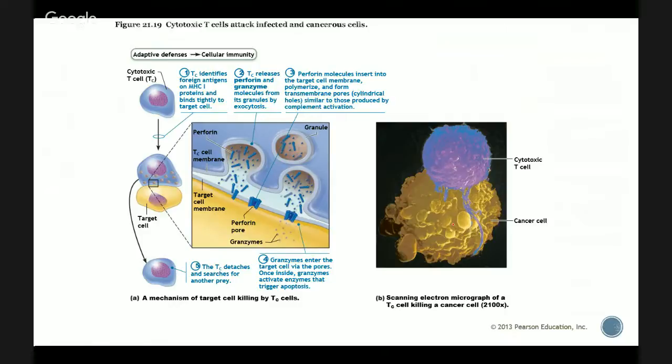And then what happens is it's going to release granzyme, which is a digestive enzyme. And then that granzyme is going to go through those little holes that it created. And so it's going to enter the infected cell and basically start eating away at the cell. So it's going to destroy the cell from inside out.